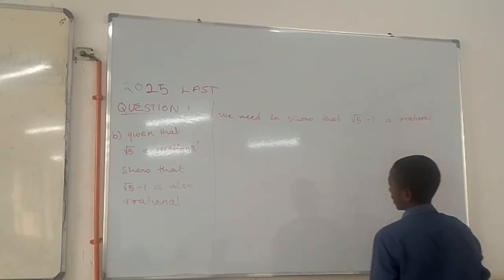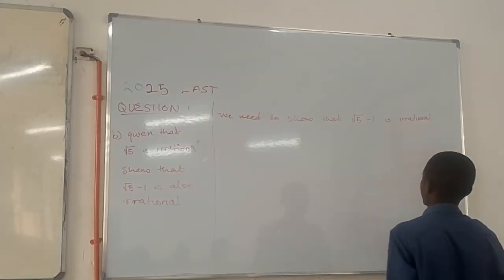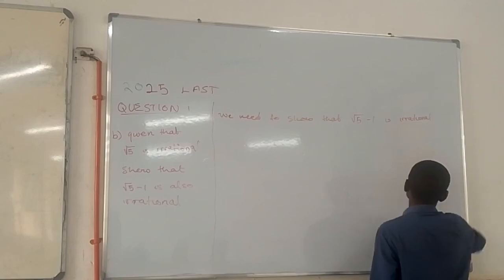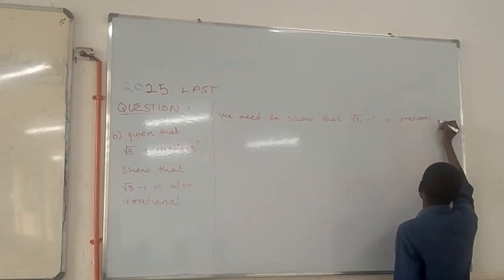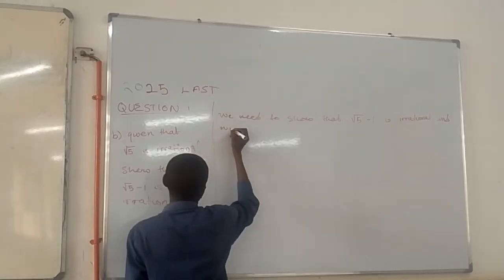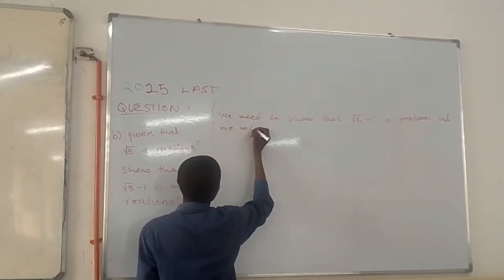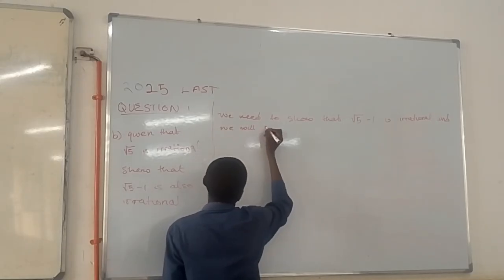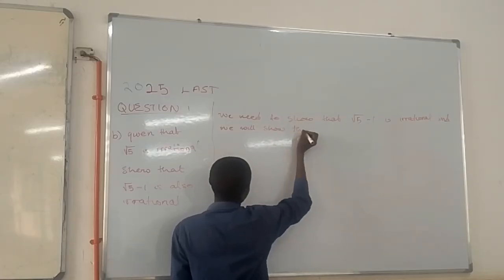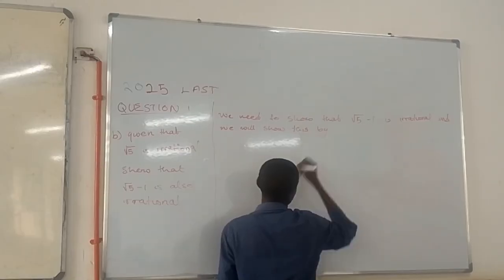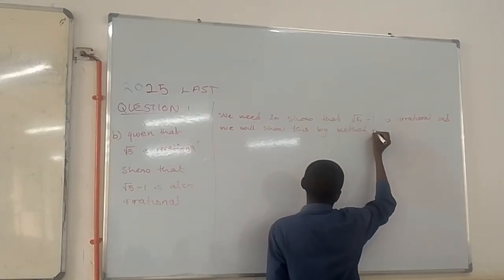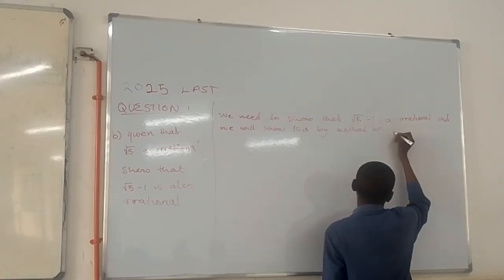So we need to show that root 5 minus 1 is irrational, and we will show this by method of contradiction.